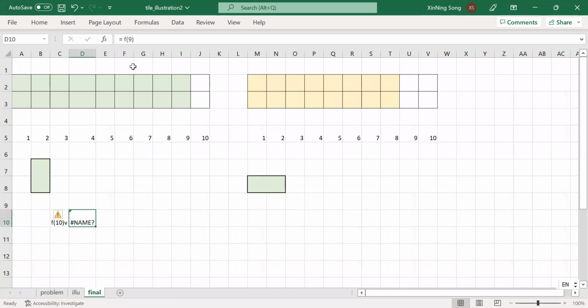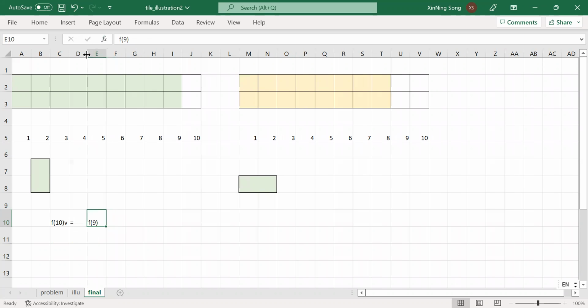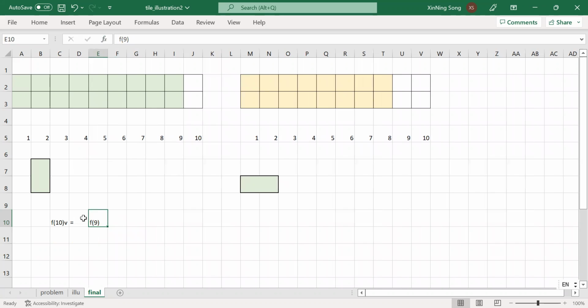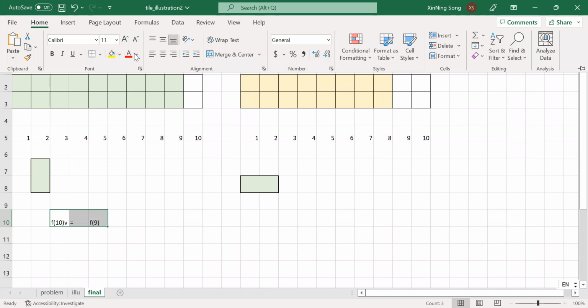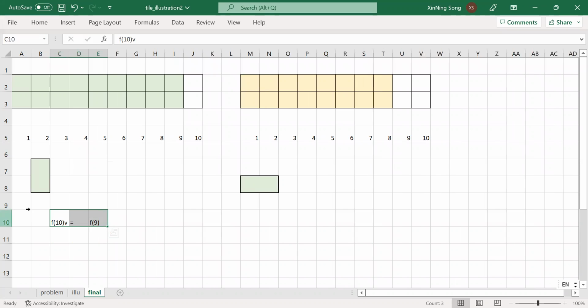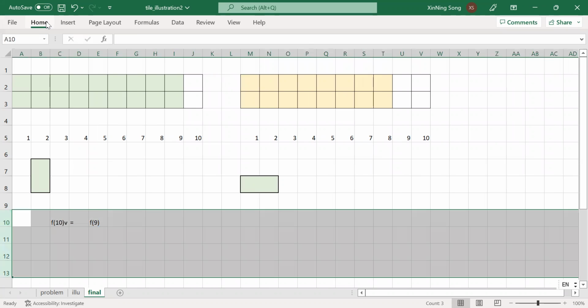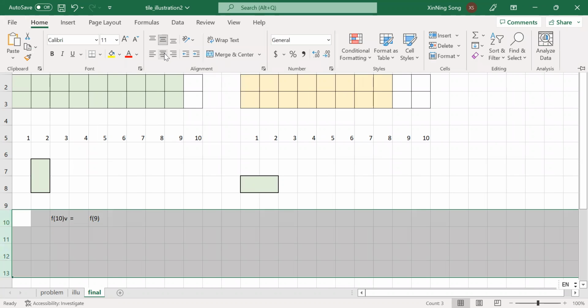Oops, what did I do? Sorry about that. Okay, this must be equal to F9 if it's vertical. Let me clean up my format real quick.